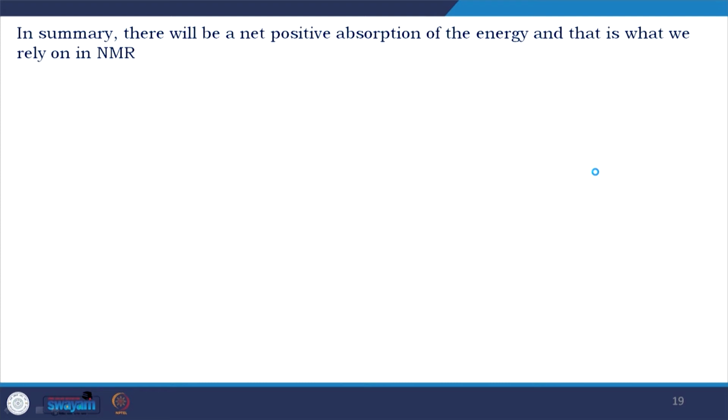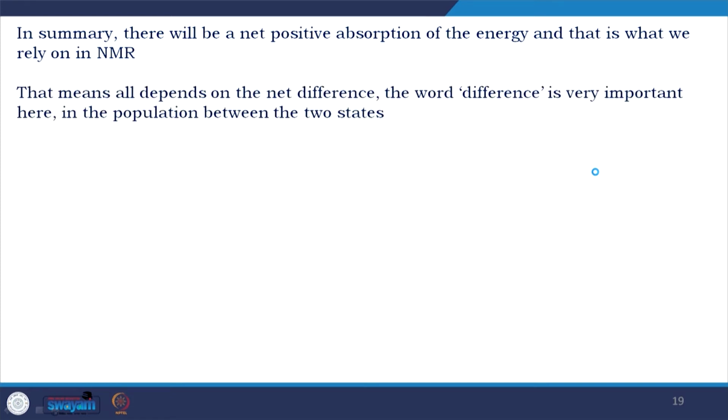In summary, there will be a net positive absorption of energy, and that is what we rely on in NMR. That means it all depends on the net difference. The word difference is very important here, in the population of the two states, the alpha and the beta state.